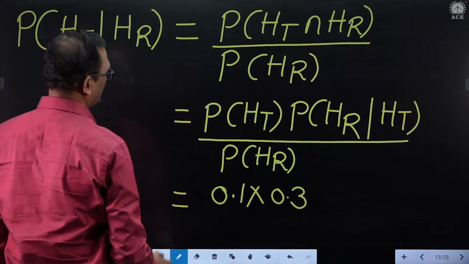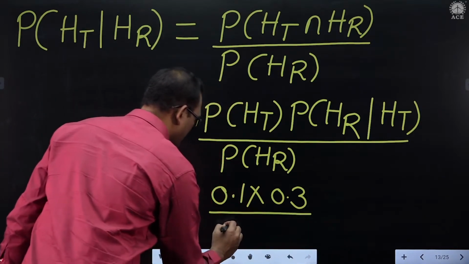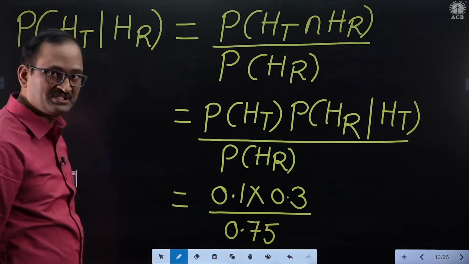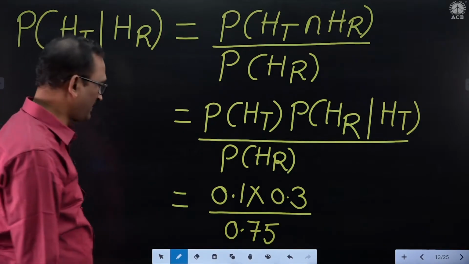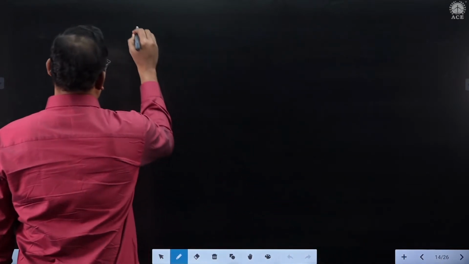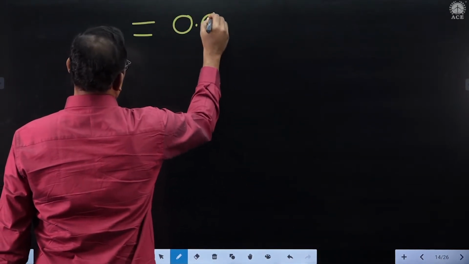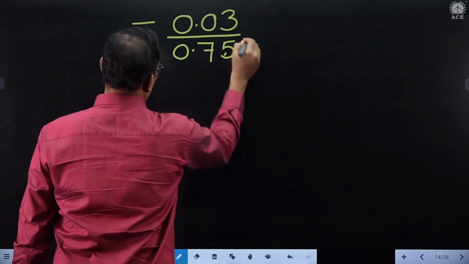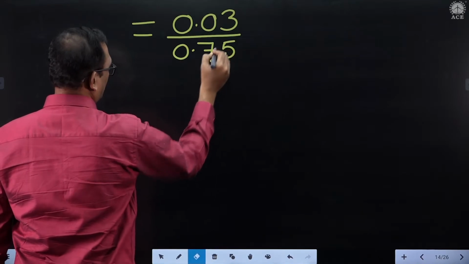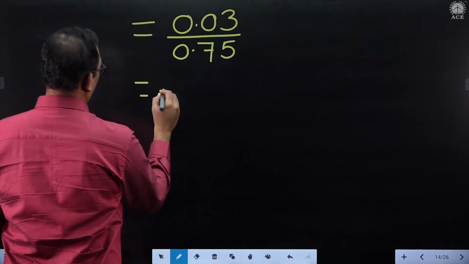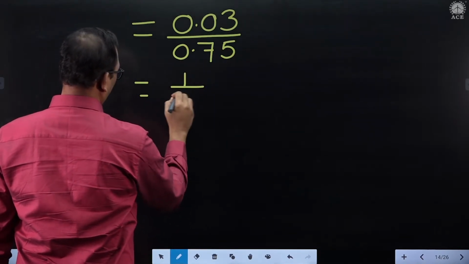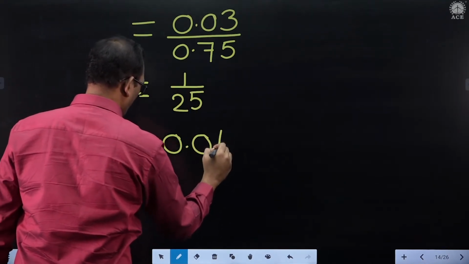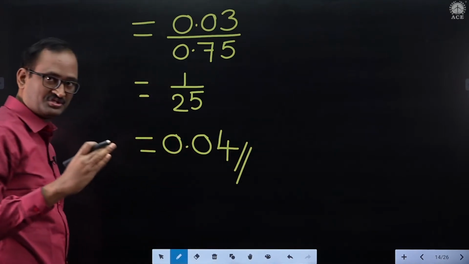Total probability of H receive we found in the previous case, that is 0.75. So 0.03 by 0.75. This is 1 by 25, the answer is 0.04. Answer 0.04.